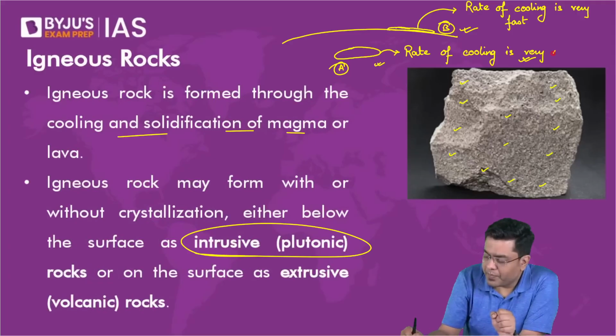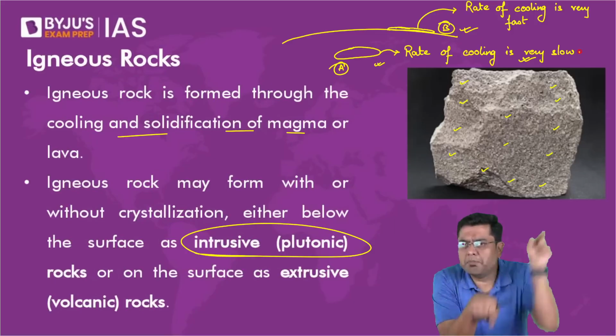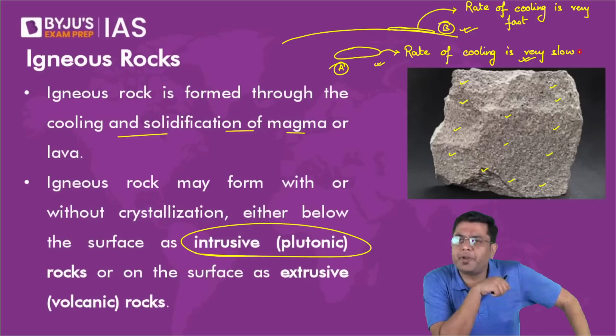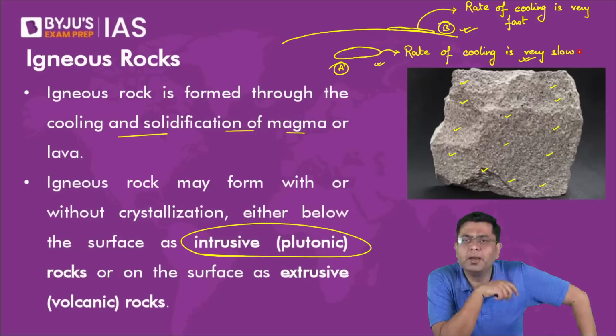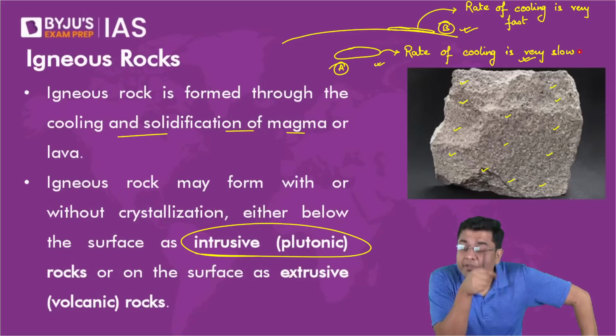Okay. Now, if the rate of cooling is very fast, will the particles be able to make multiple linkages with the different bonds or the different particles which are present? No, because they will solidify as quickly as possible.